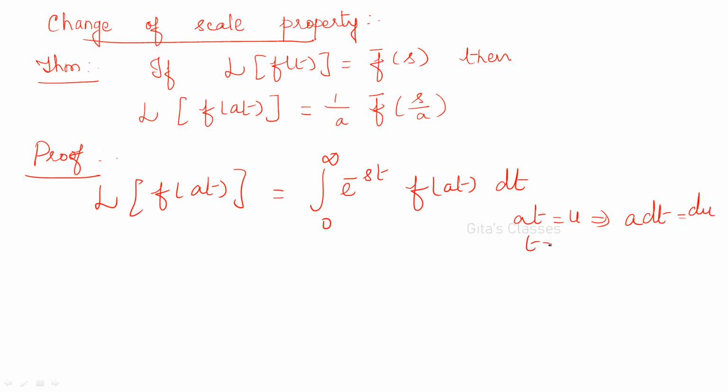That is, t is equal to u by a and dt is equal to du by a. When t is equal to 0, u is also 0. When t is equal to infinity, u is also infinity.